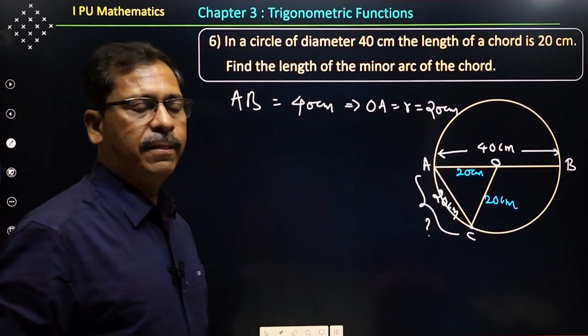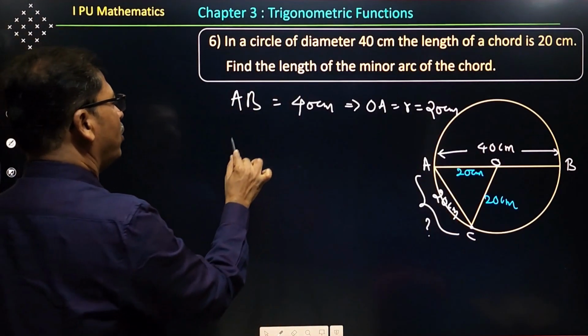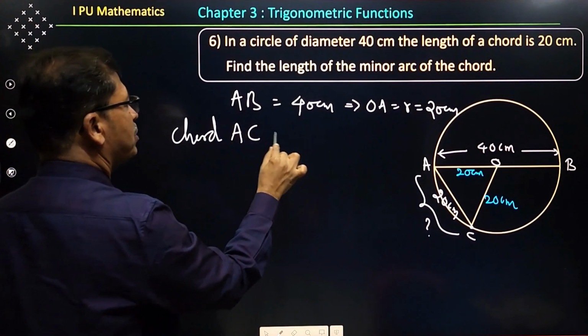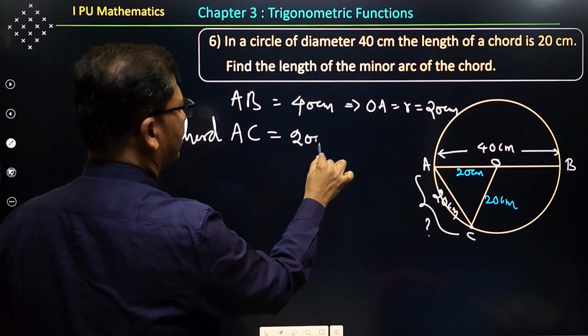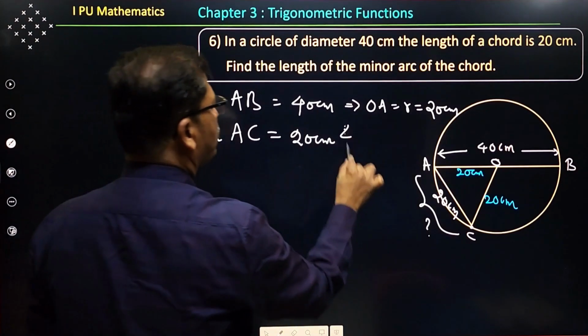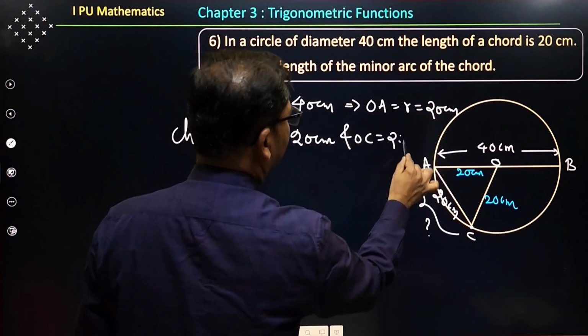Okay, this is one thing. Further, it is given that the chord AC has length equal to 20 cm, given in the problem itself. And OC length is again 20 cm.